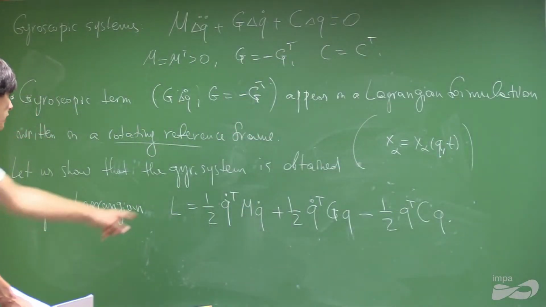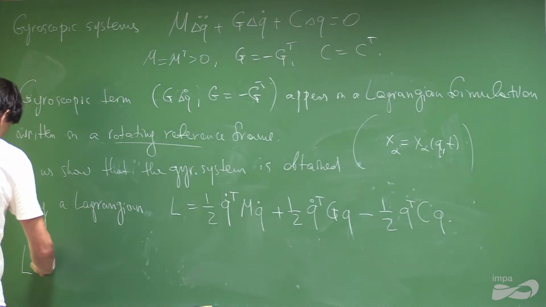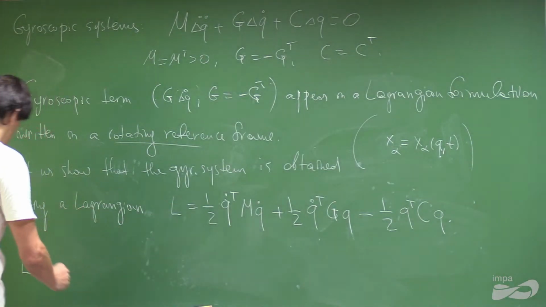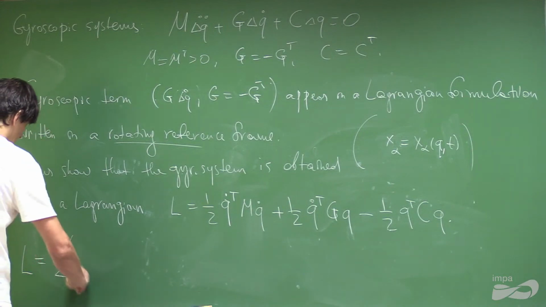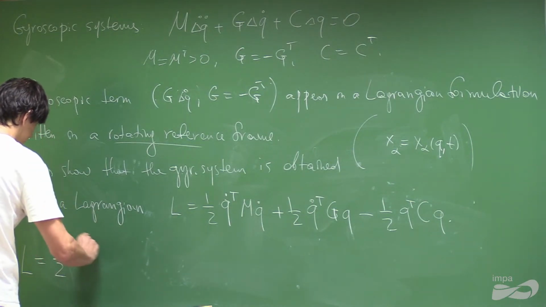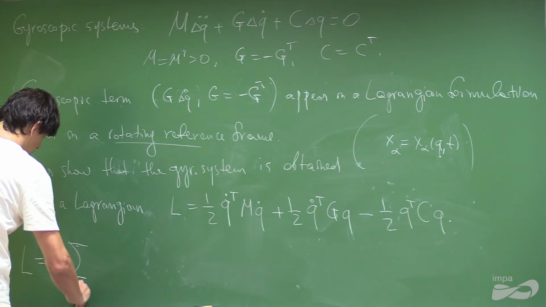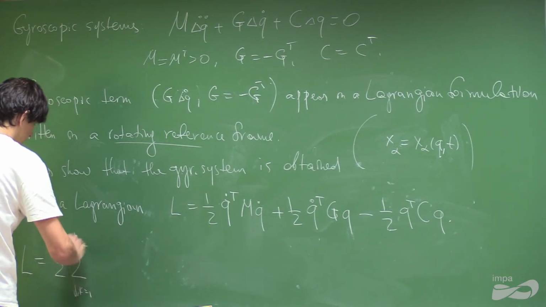So how do you do it? So Lagrangian. Let's just write the Lagrangian. Remember, let's write it in component form. So Lagrangian is 1/2, and then there will be a sum over j, k from 1 to n.